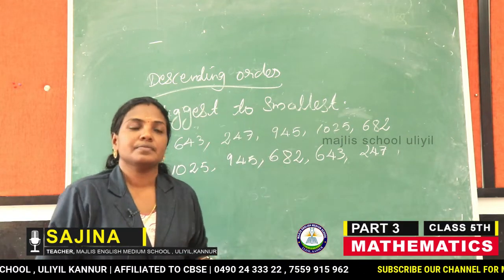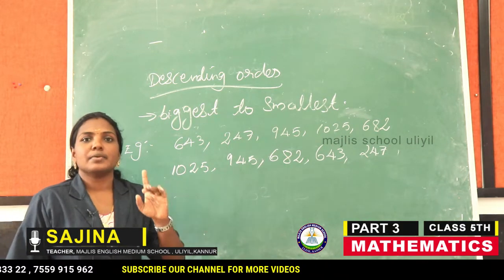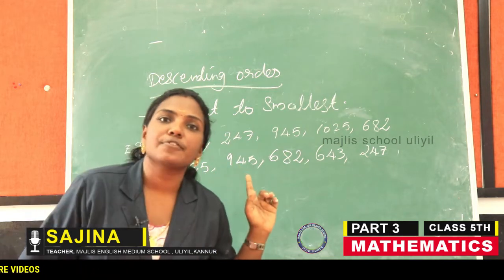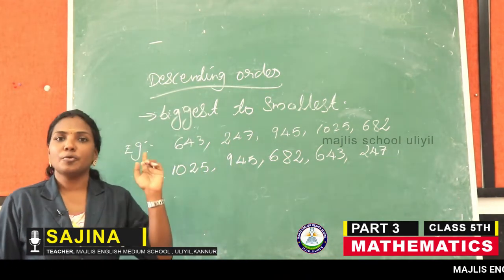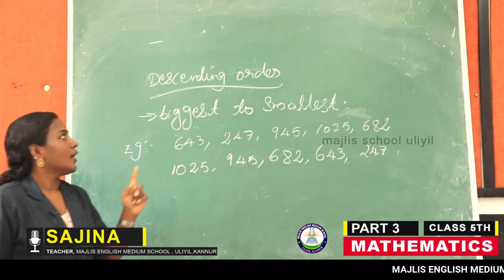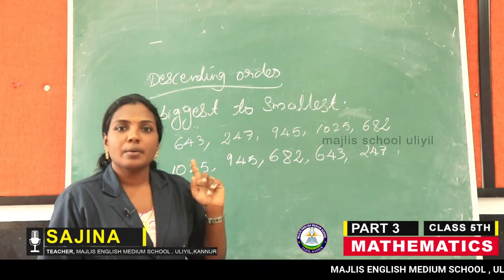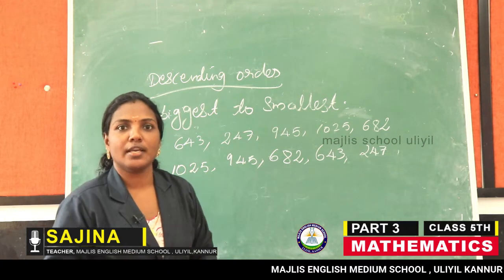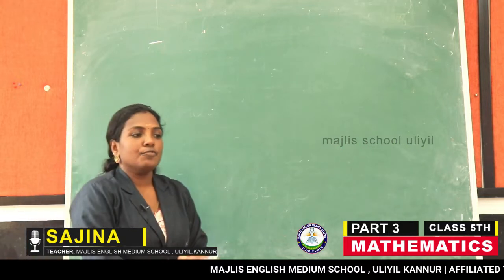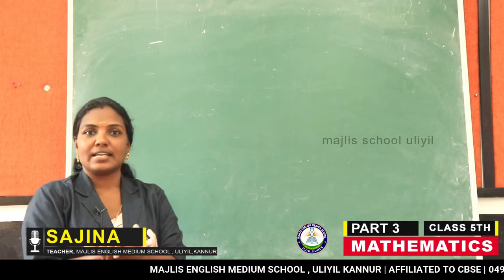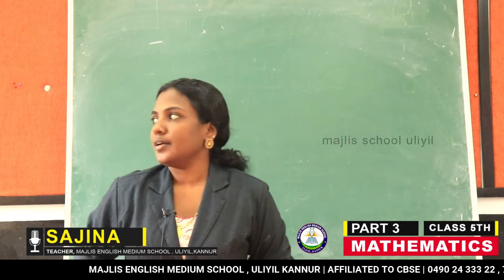Okay. So ascending order is the numbers arranged from smallest to biggest, and descending order is biggest to smallest. Okay. Next is formation of greatest and smallest numbers.